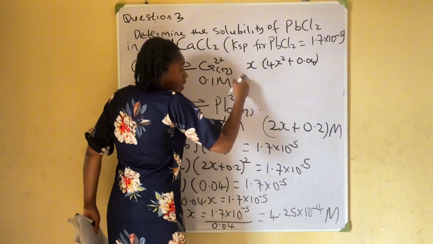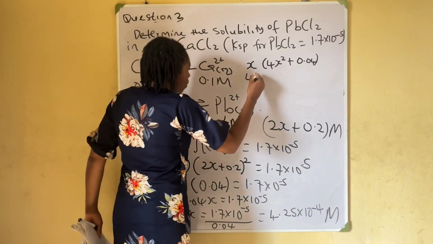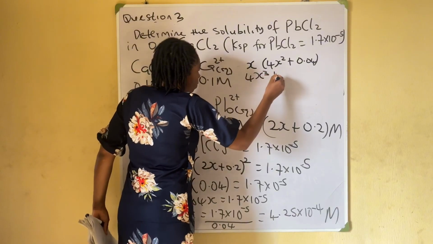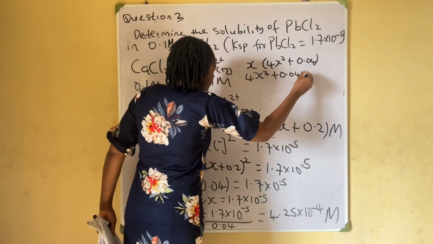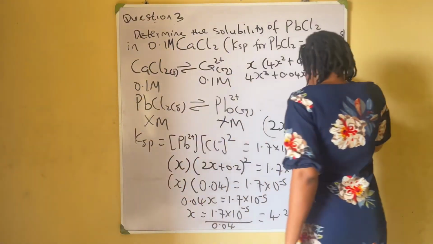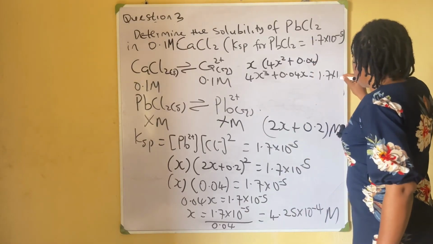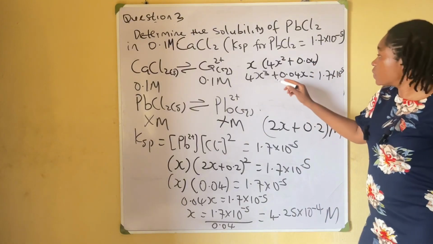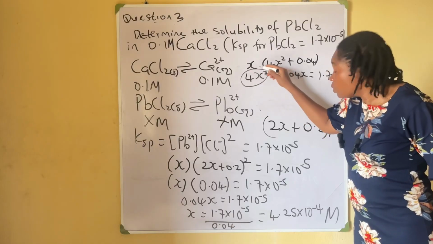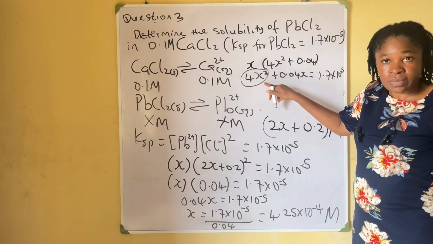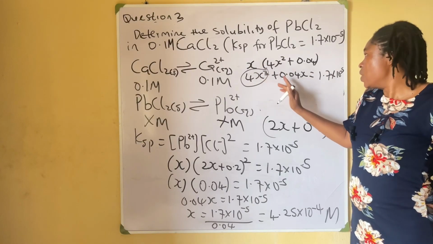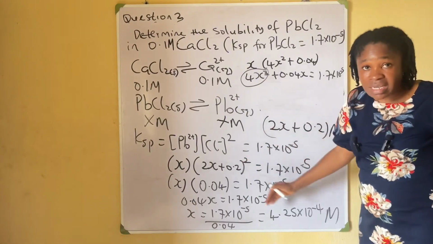So if you factorize this, you have 4S to the power 3 plus 0.04S equals 1.7 times 10 raised to the power minus 5. So this value, you consider this one to be what? To be very small. Too small, this value. You only work with this, you still get the same answer.